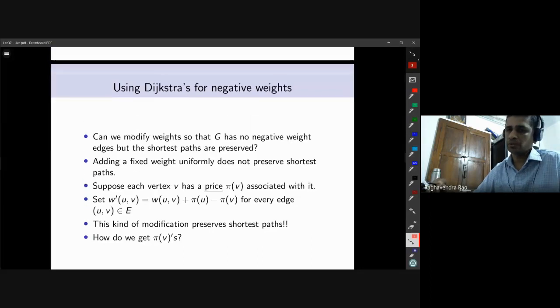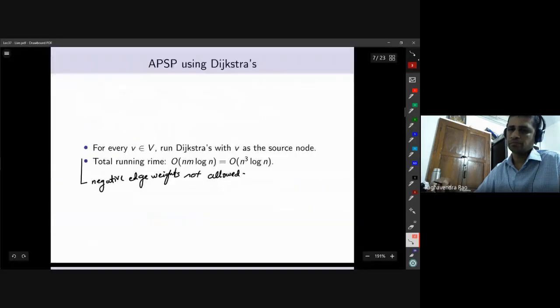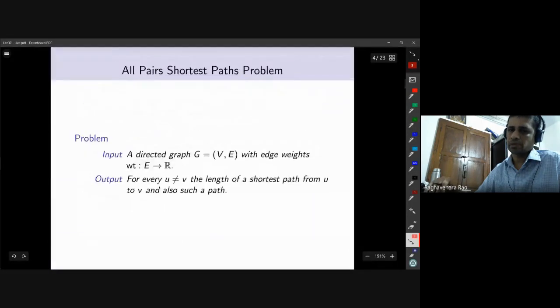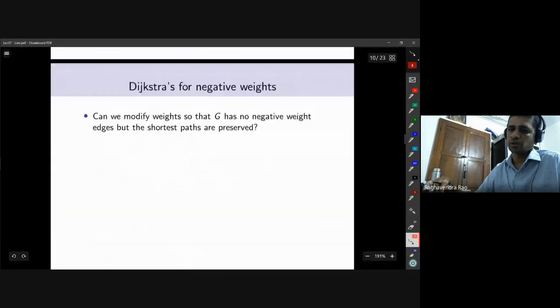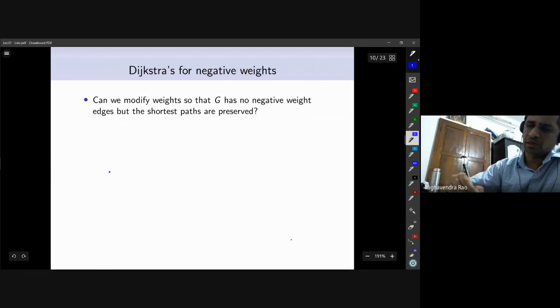So let's take an example graph. Take some graph with possibly negative edge weights.